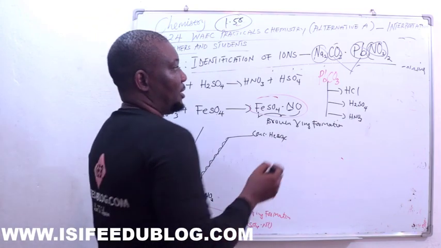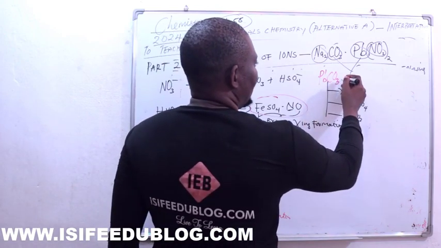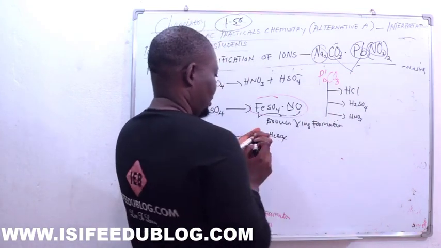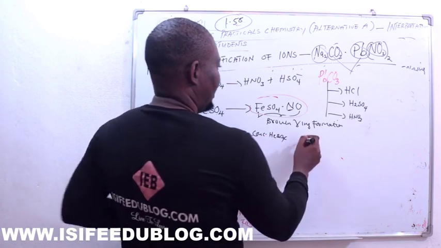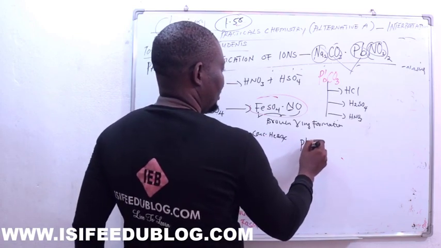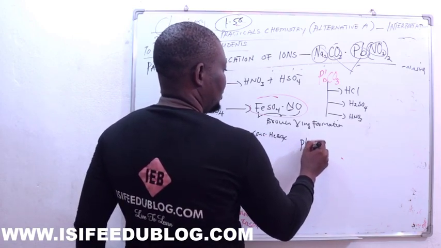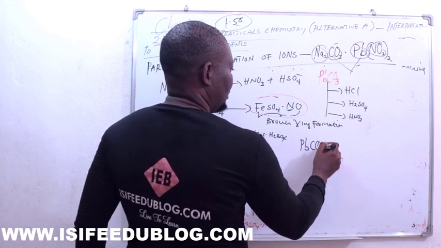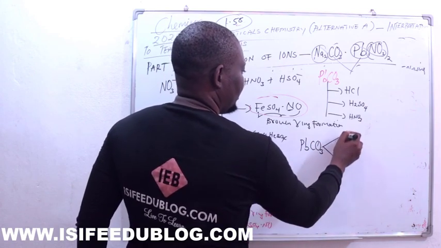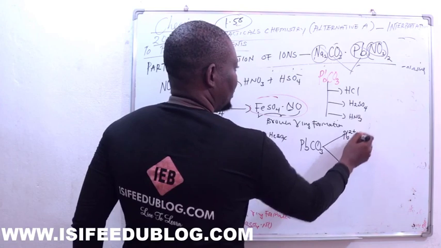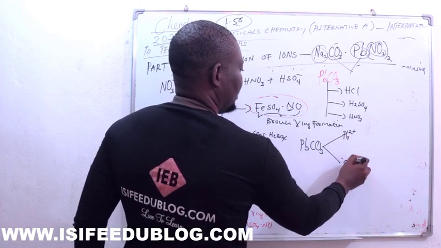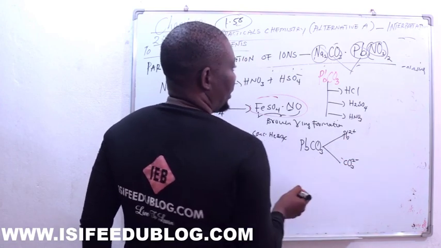If you take lead like this, Pb, CO3, that is Pb2+ and CO3 2-.